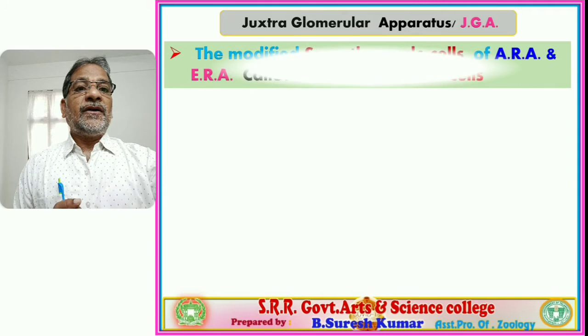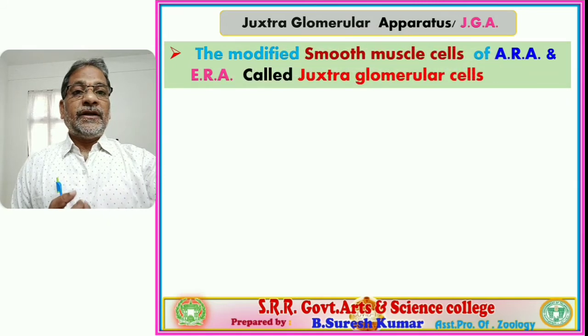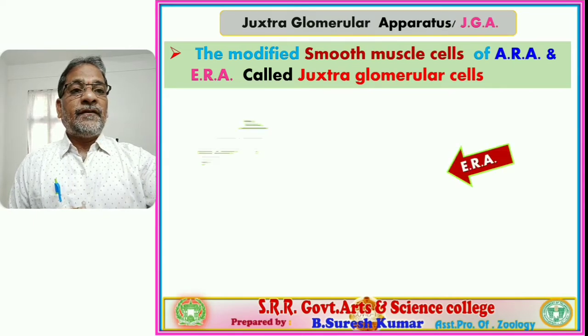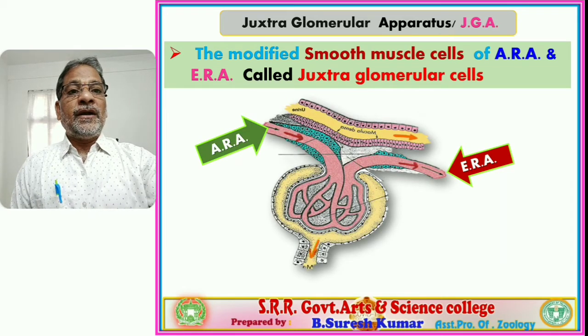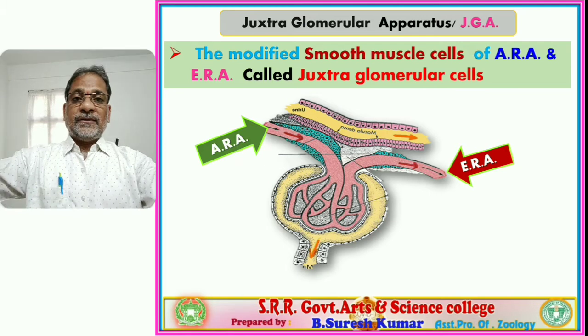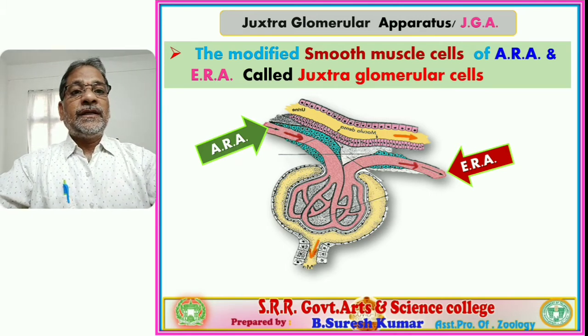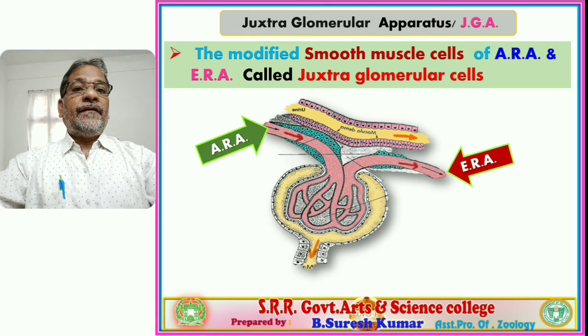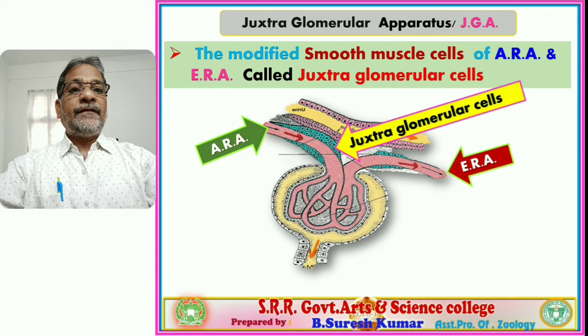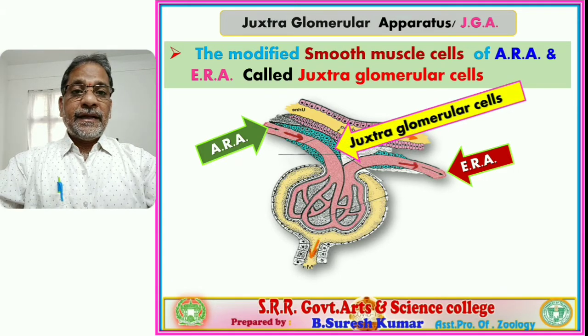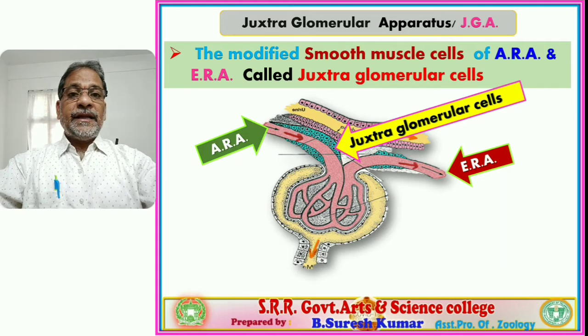So the juxtaglomerular apparatus includes various kinds of cells. You will see the modified smooth muscle cells of afferent renal arteriole and efferent renal arteriole called juxtaglomerular cells. You verify. So this is afferent renal arteriole and another one efferent renal arteriole. The wall of the arteriole contains an endothelium lining, inner lining.